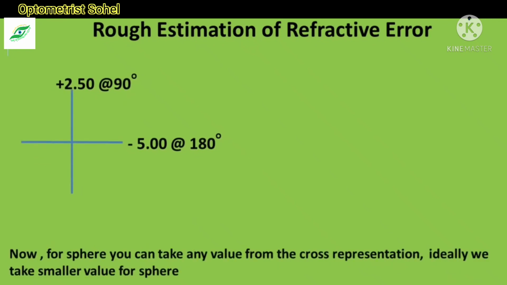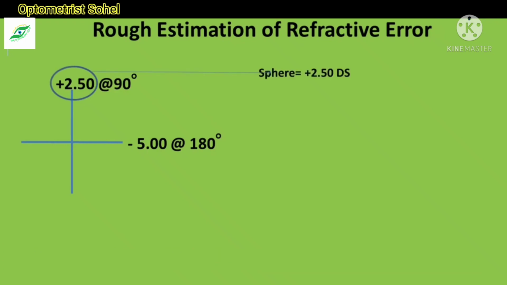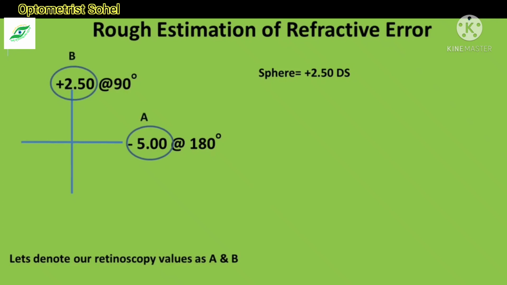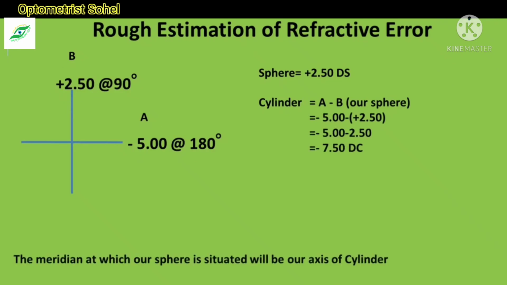Now for sphere, you can take any value from the cross representation. Ideally we take the smaller value for sphere. Here we take +2.5 as the spherical value. Let's denote our retinoscopy values as A and B. Cylinder equals A minus B, which is -7.5 diopter cylinder.